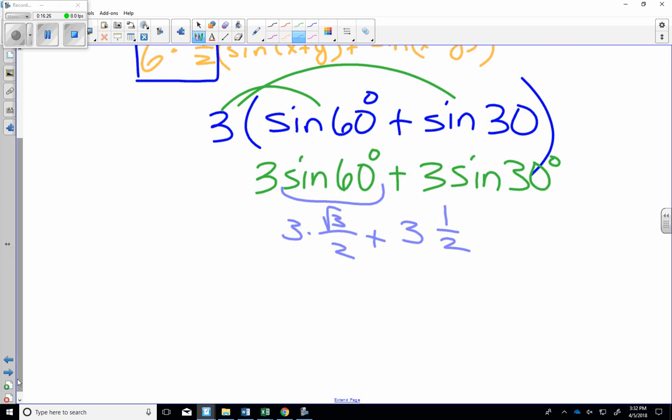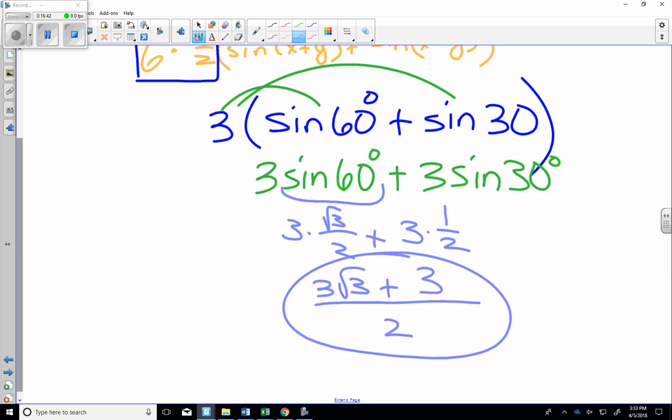And then this would be 3 square root of 3 over 2 plus 3 over 2. That's 3 times 1/2, that's 3 halves. And so there would be the exact value if you were trying to find the exact value. Well, we were just trying to write as a product or a sum, so there's our final answer.